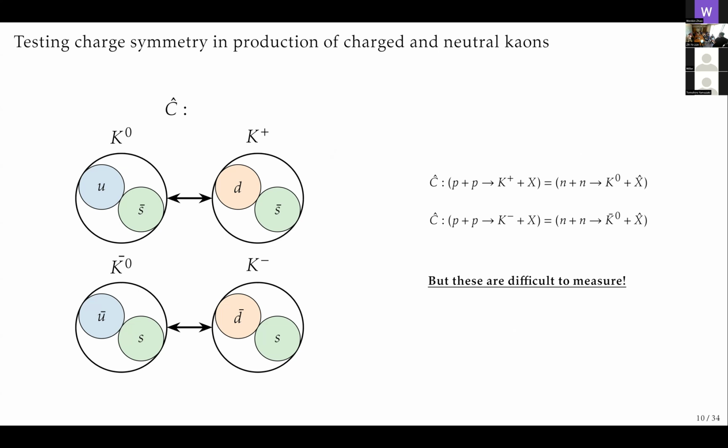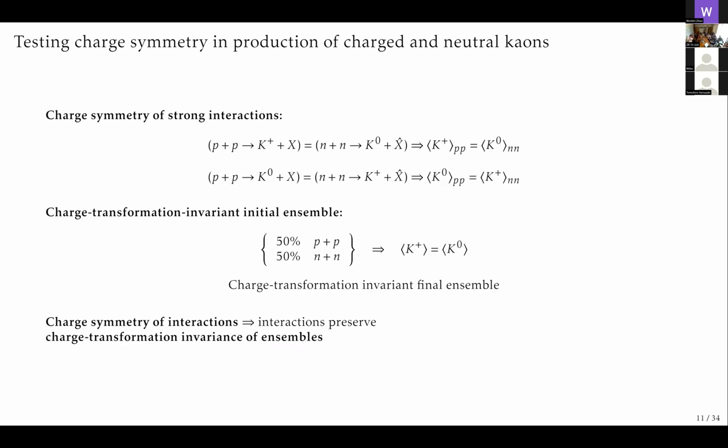But the right hand side of those equations is very difficult to measure. We cannot collide neutrons, so this is why we need to develop something different to test this charge symmetry.